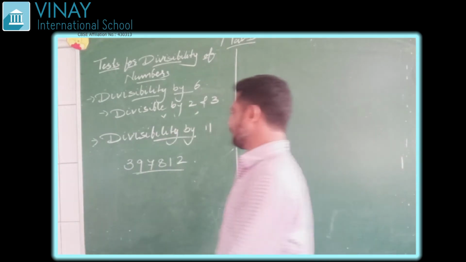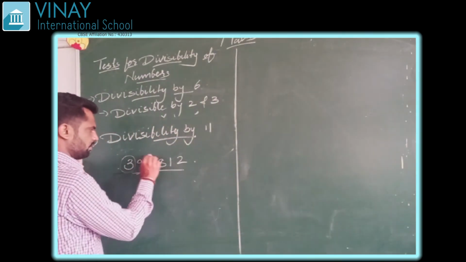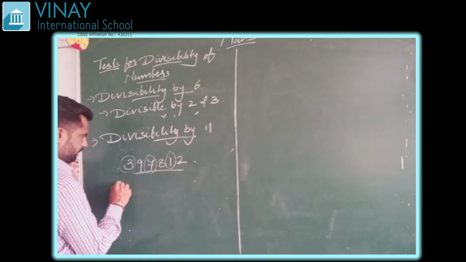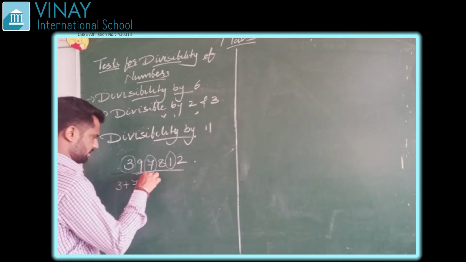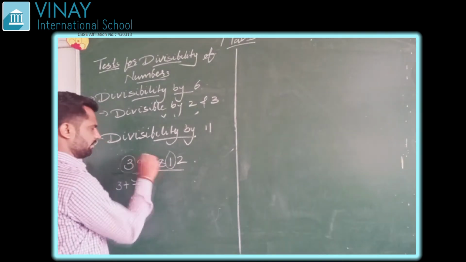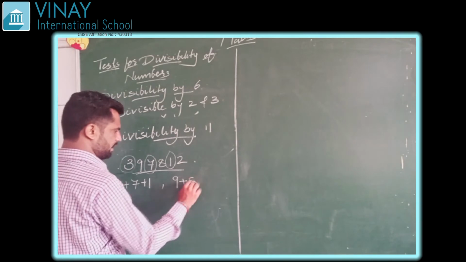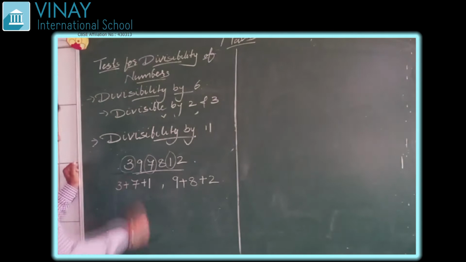Now what we will do is, we will find out 3 plus 7 plus 1. The same way, the remaining alternate numbers are 9 plus 8 plus 2.